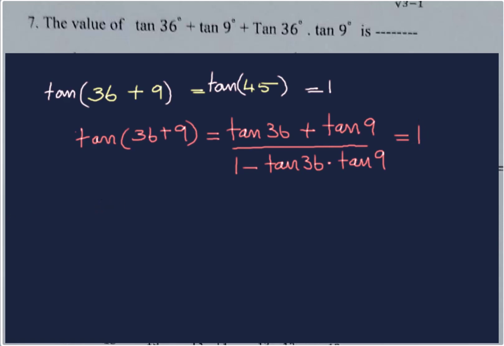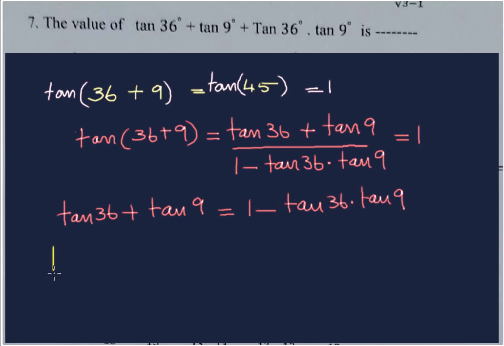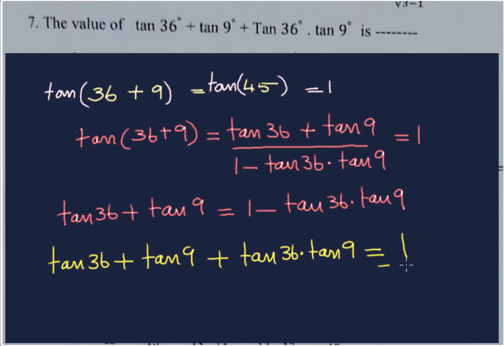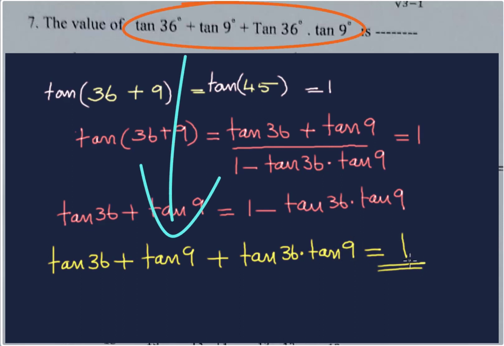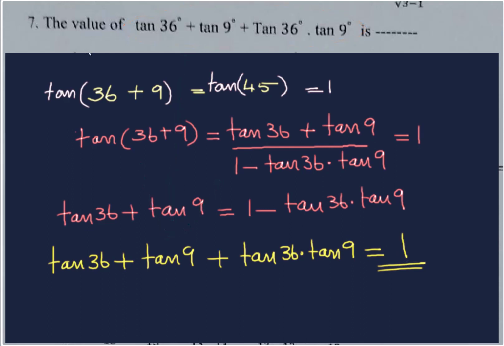On cross multiplication, we get tan of 36 plus tan of 9 is equal to 1 minus tan of 36 into tan of 9, or tan of 36 plus tan of 9 plus tan of 36 into tan of 9 is equal to 1, which is same as the left hand side of the given expression, and hence it is equal to 1.